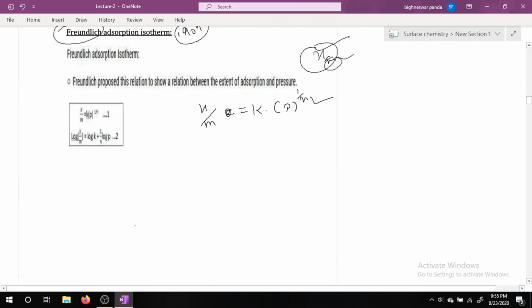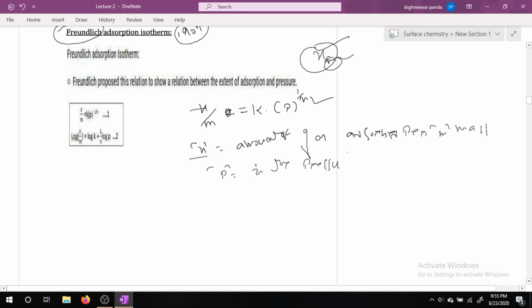So x by m is equal to k into p raised to the power 1 by n, where x is the amount of gas adsorbed per m mass, p is the pressure, k is a constant, n is also a constant, and the value of n should be greater than 1.